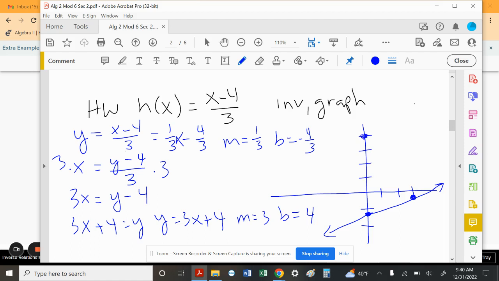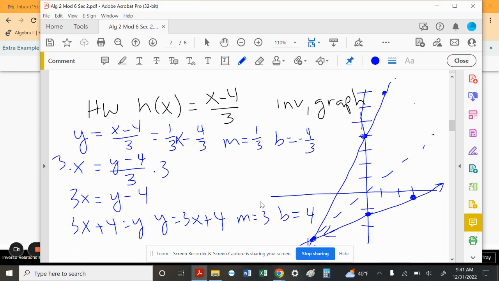And my m is 3, which tells me I need to go up 3 and over 1. So I'm going to go up 3: 1, 2, 3, and over 1. Then it should come down like this really fast. And if I were to keep this going, it'll cross right about here, and that is my y equals x line.